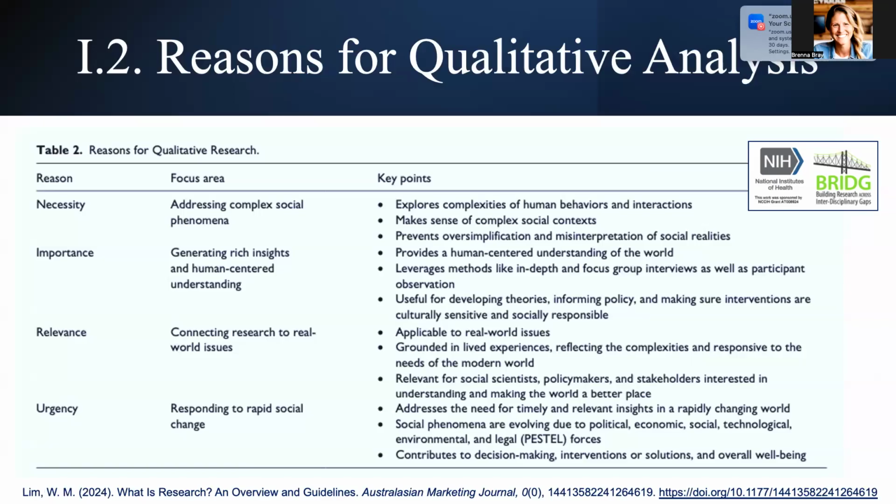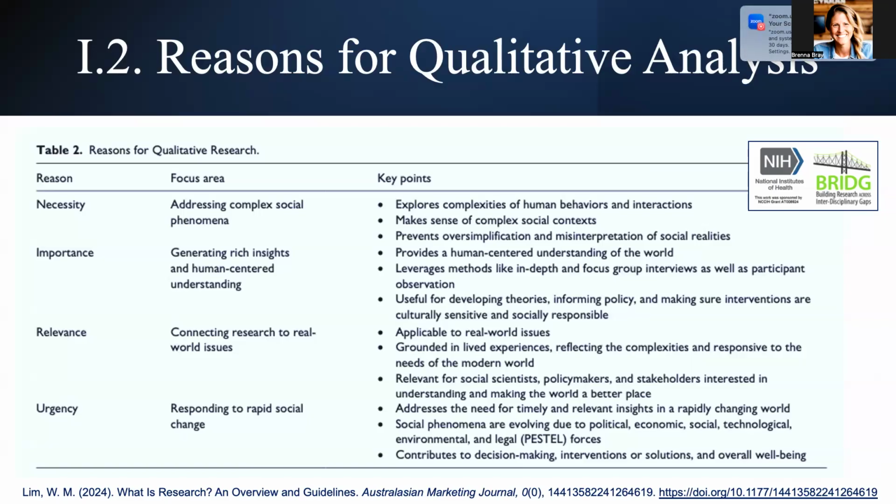And this one we'll talk about a little bit more later on in this course, the role of qualitative research for social scientists and specifically policymakers and stakeholders. It addresses the needs for timely and relevant insights in a rapidly changing world. Social phenomena are evolving due to political, economic, social, technological, environmental, and legal forces.